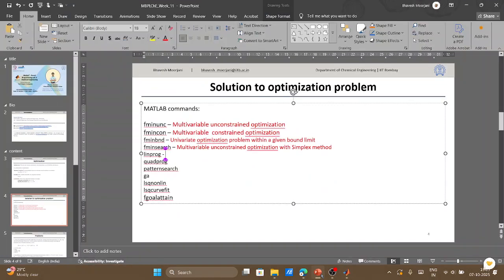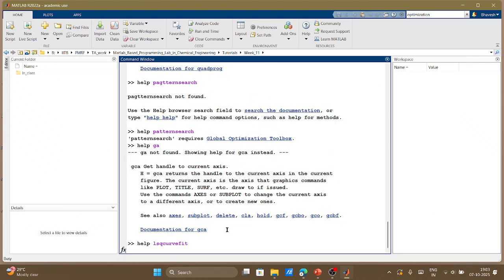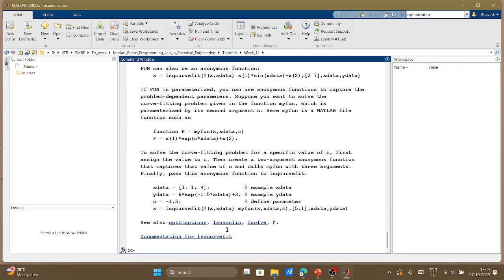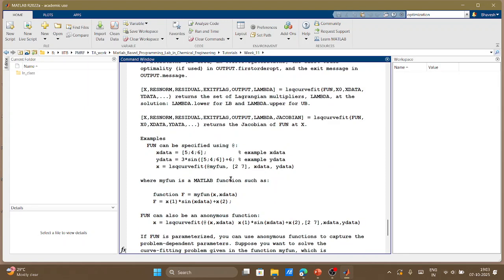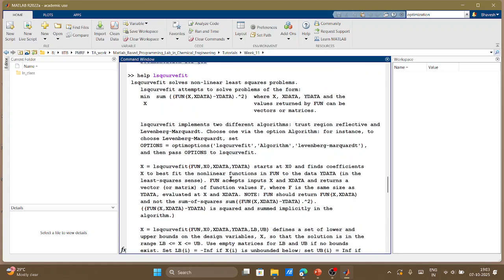Then you have least squares curve fitting. Help lsqcurvefit. So here, as it says, it's a least squares curve fitting method. This also you can use for your data fitting.